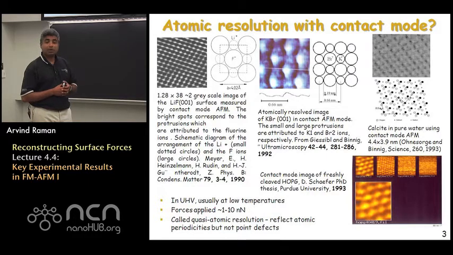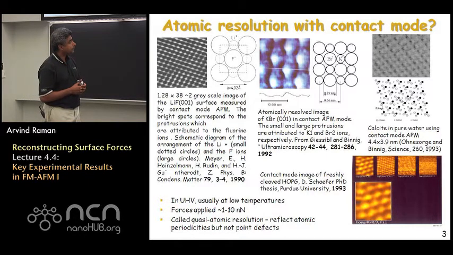Also came out of Binnig's group. Even here at Purdue, going back to the early 1990s, Ron Reifenberger's group was also pursuing contact mode scans in UHV conditions, trying to get atomic periodicity in images as shown on the bottom right.